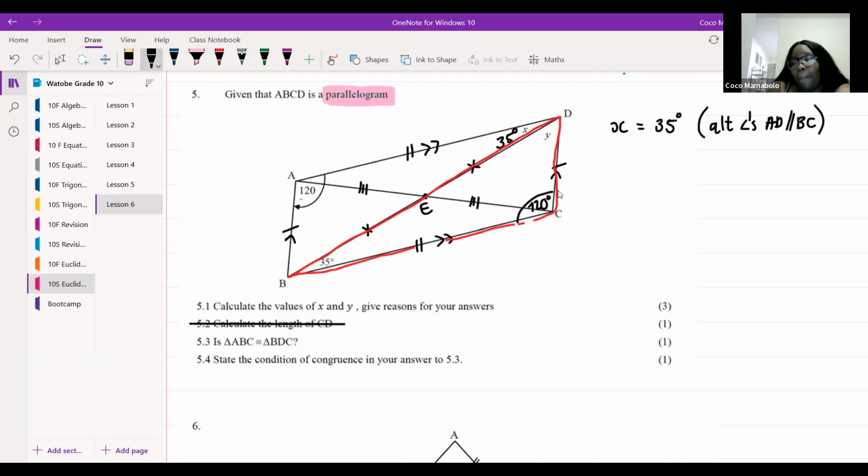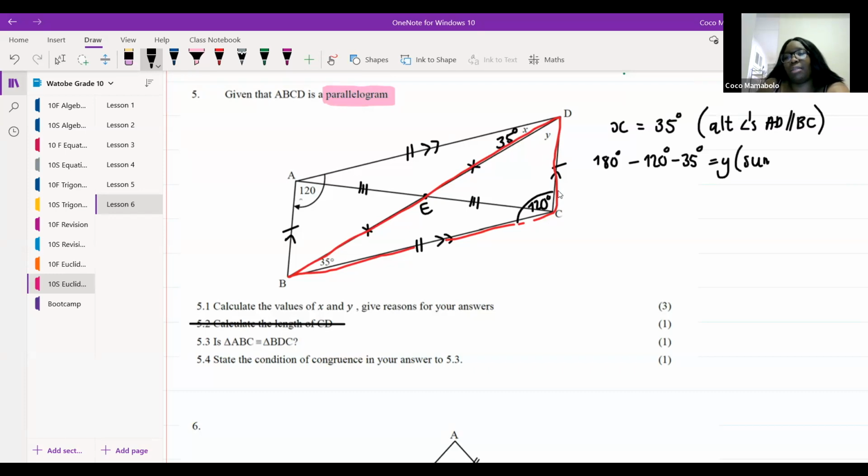Have you got it now? Yes, I've got it. Okay, tell me what to write down. 180 minus 120 minus 35. Beautiful. And that is going to equal y. What's my reason? Sum of angles of a triangle. Good.